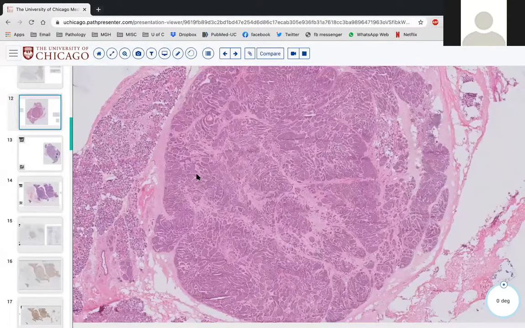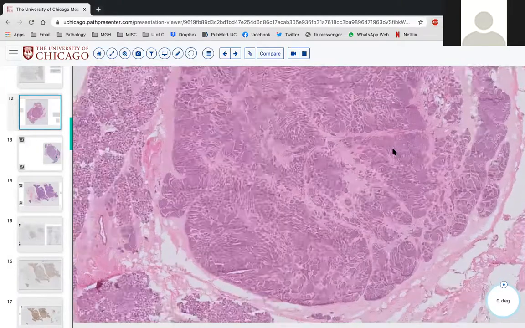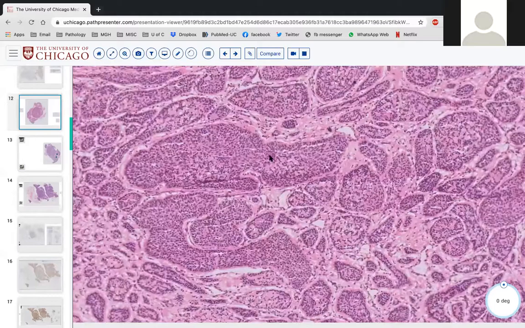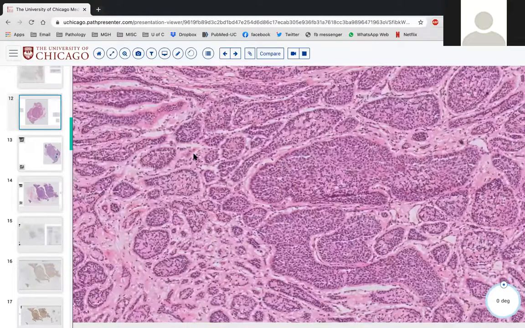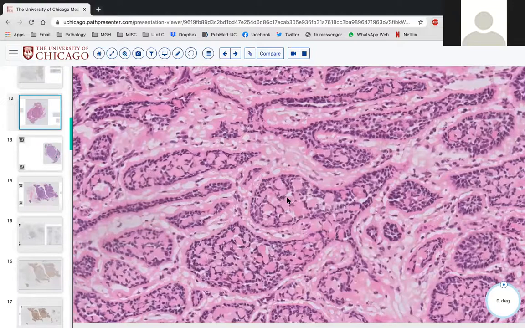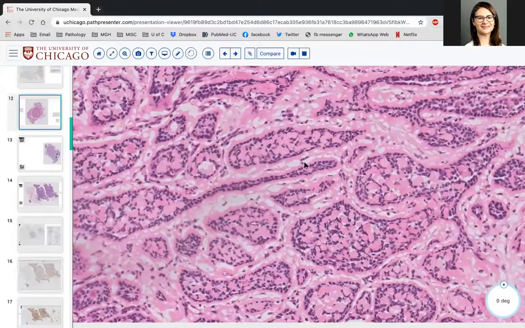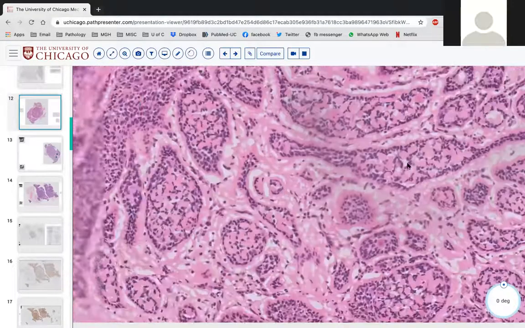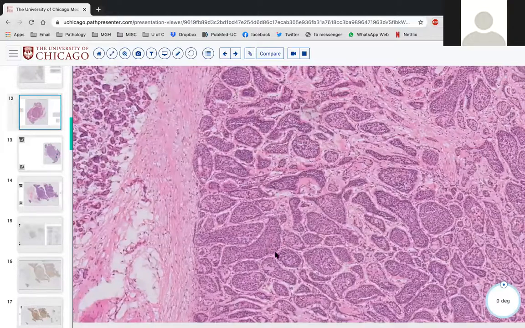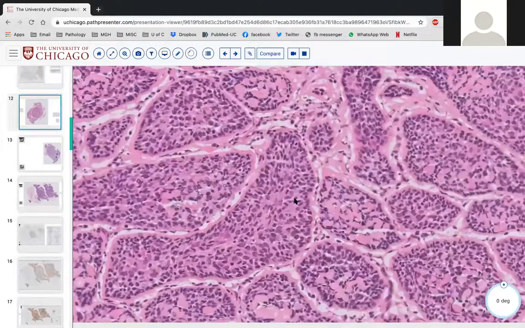Sure. So I'm seeing solid epithelial islands and maybe sheets with very prominent basement membrane deposition. The islands fit into one another in kind of a puzzle appearance.